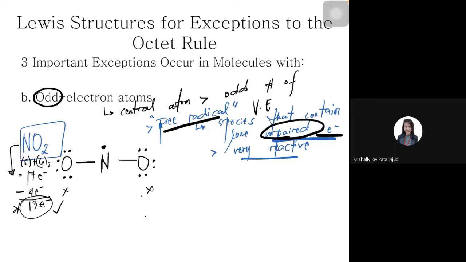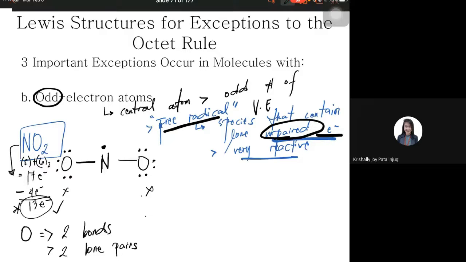And remember, oxygen's stable number of bonds is 2 bonds, with 2 lone pairs. Okay? Very good. So this is not yet done, this is not yet the final Lewis structure.